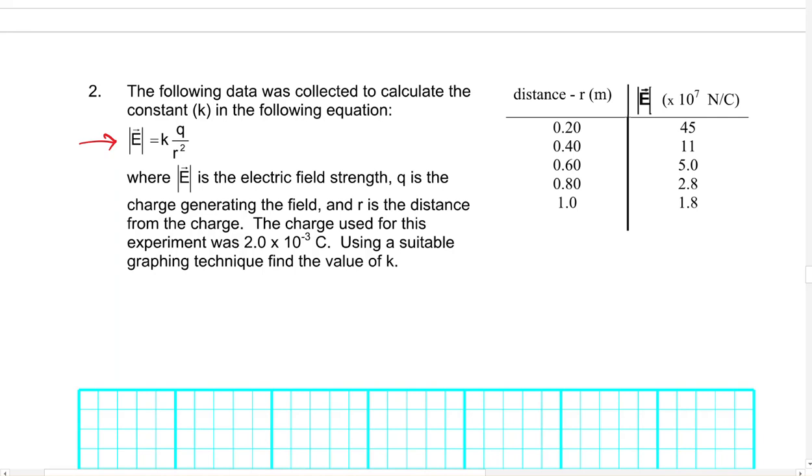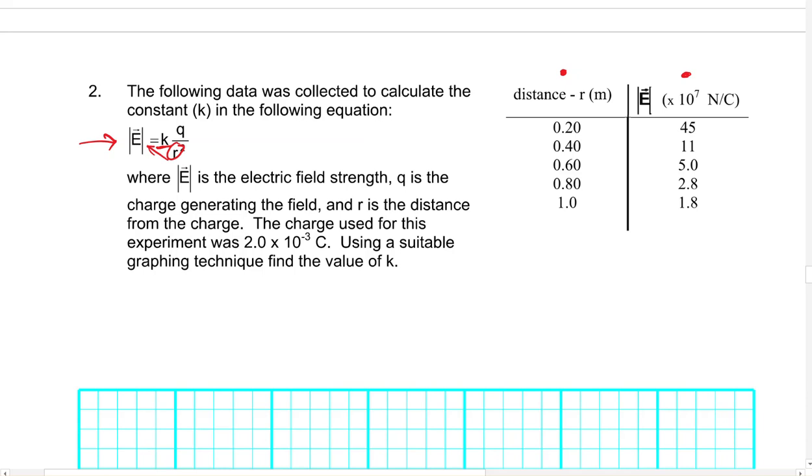All right, so if I want to find K, and we're given R and E, I'd like to first get R and E over to the same side of the equation. So I'm going to move this R squared over there.